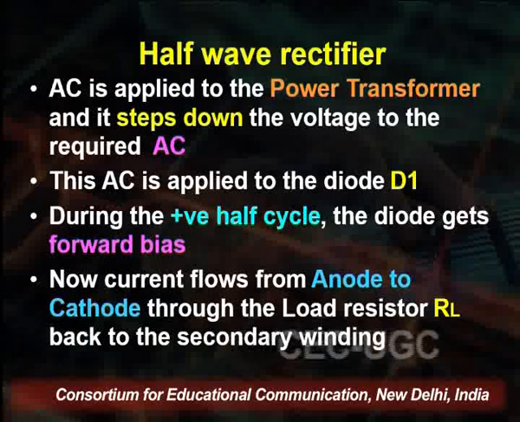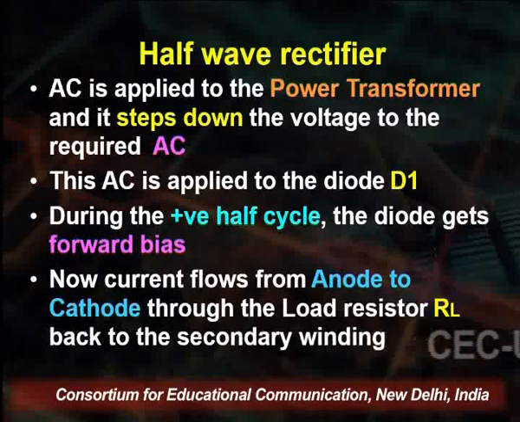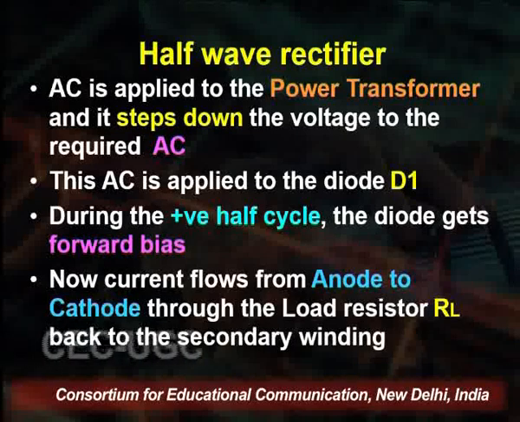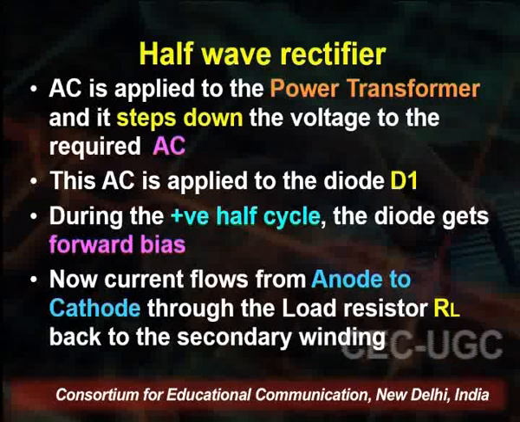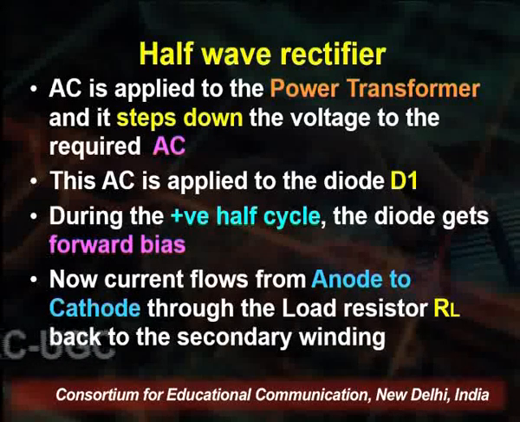Now the current flows from the anode to the cathode, through the load resistance, that is represented by RL. RL is the load resistance, back to the secondary winding.